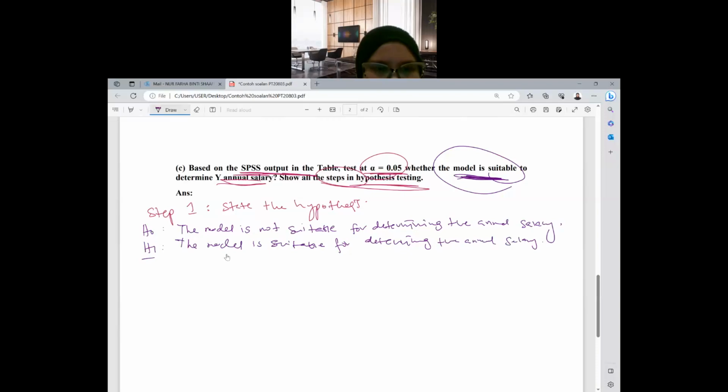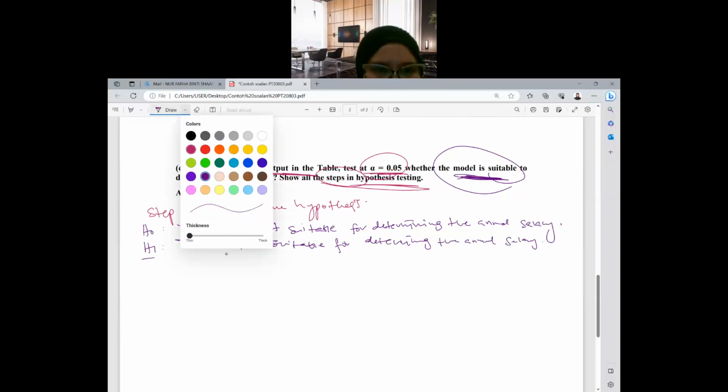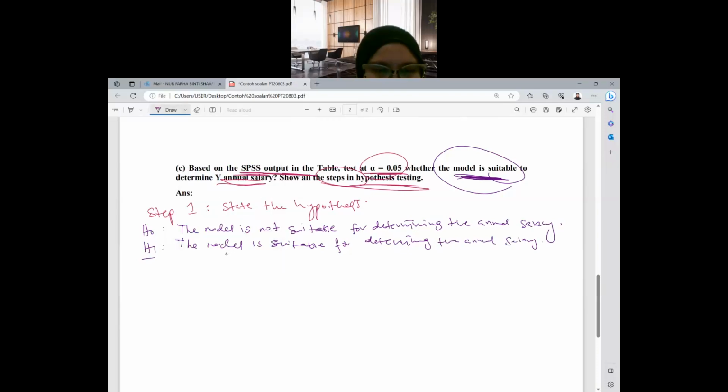Second step. You need to state that your significant level has been set. You need to set your significant level.